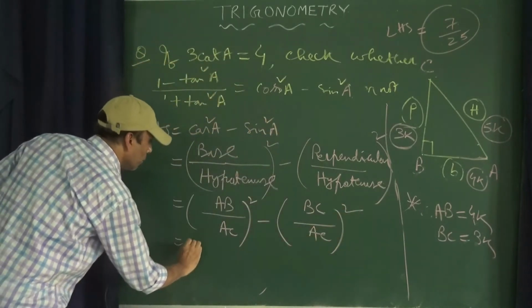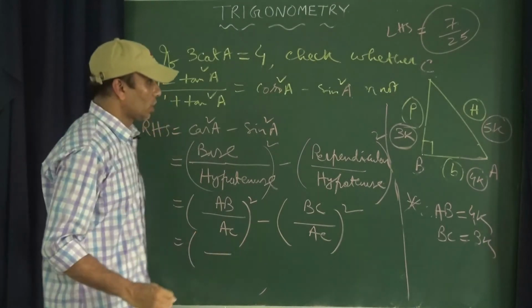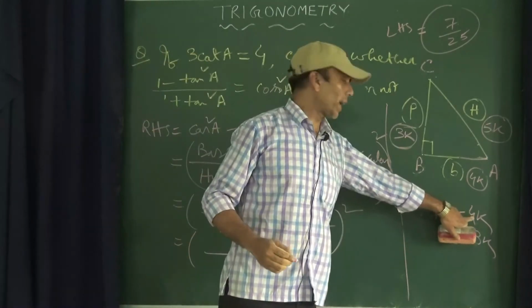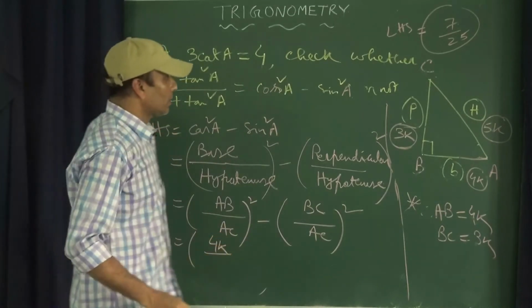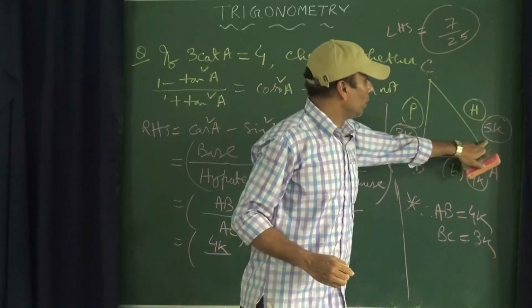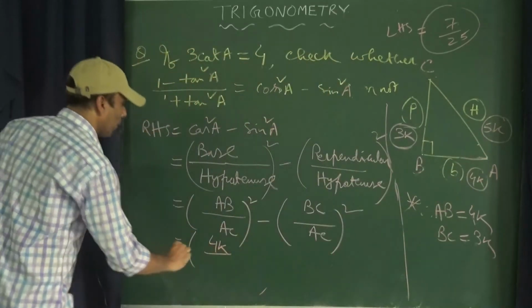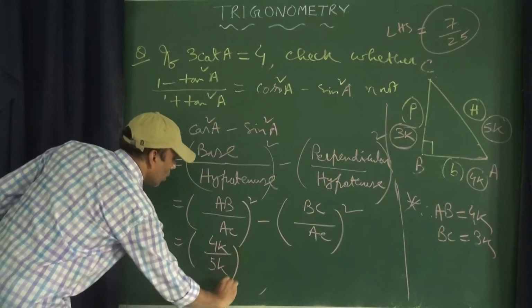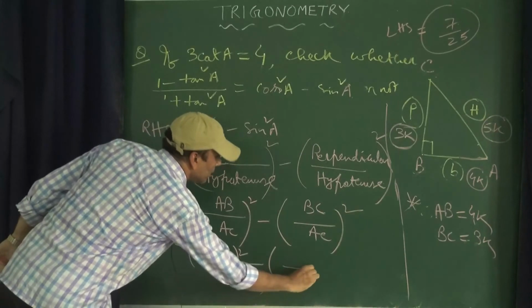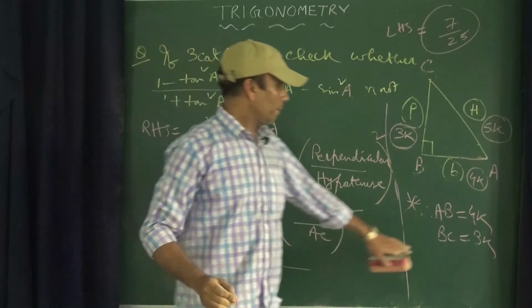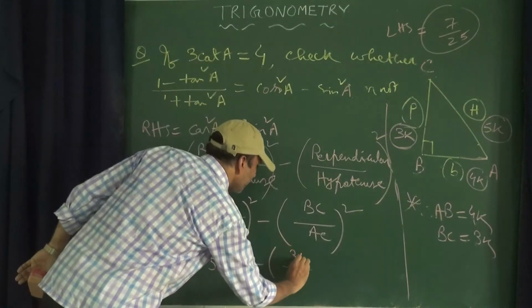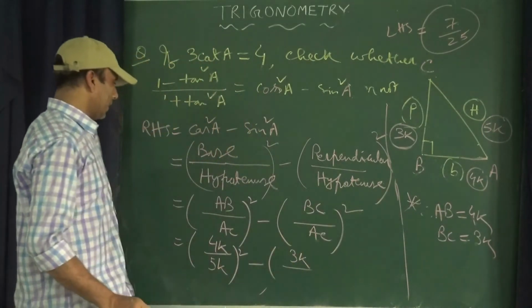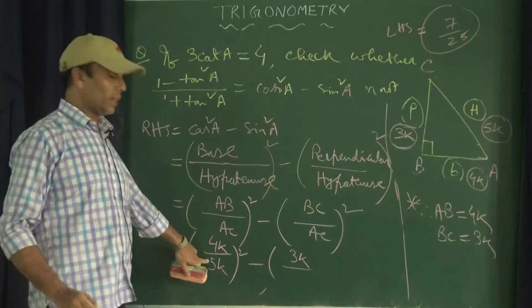We will put the values. AB, how much? AB is 4K. AC, how much? AC we got 5K. So 4K by 5K whole square minus BC. BC, how much? BC is 3K. So 3K divided by AC, AC just now we have used as 5K.